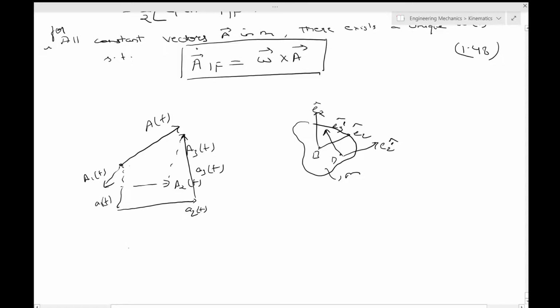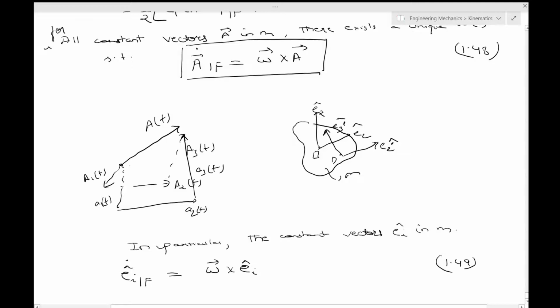In particular, the constant vectors e_i in M, e_i dot f, is equal to, equation 1.49.